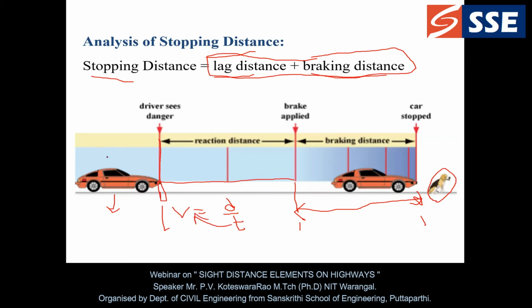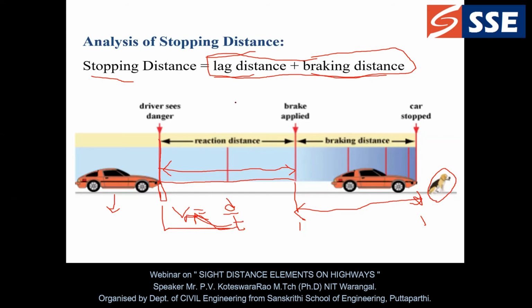If the velocity is 60 kmph and the total reaction time is 2.5 seconds or whatever it is, then the product of the speed of the vehicle and the reaction time gives the distance traveled during the reaction time. That is your lag distance. And similarly, we are going to have the braking distance also.